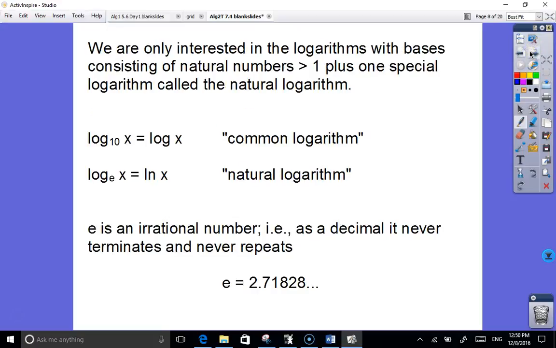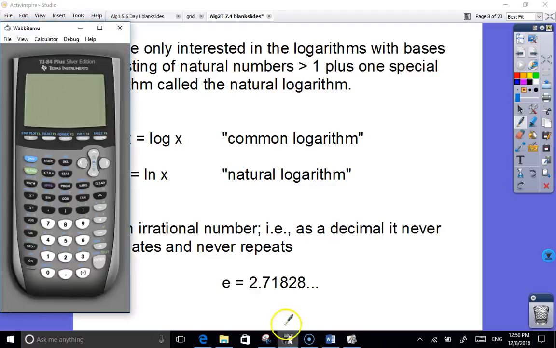Okay, so the bases that we use for logarithms, log base b of x, the two that are the most important are log base 10, that I showed you the table of, which if you're dealing with log base 10, then you actually don't write the 10. If you just see log x, that means log base 10.